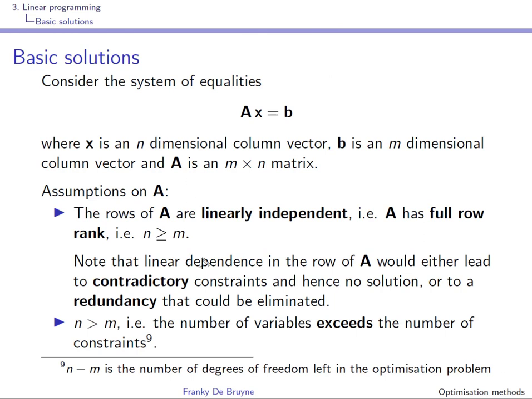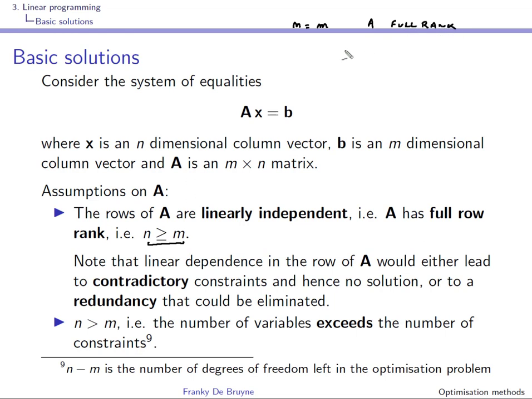We have arrived at the conclusion n larger or equal to m, and a matrix A with rows that are linearly independent. This means that A has full row rank. Let us now consider the situation where n is equal to m. Since A has linearly independent rows, it means that A has full rank.